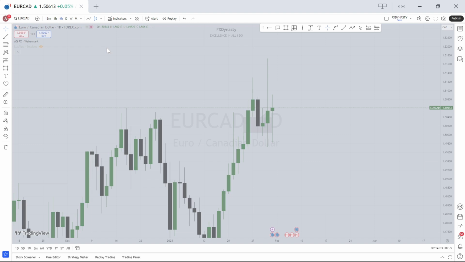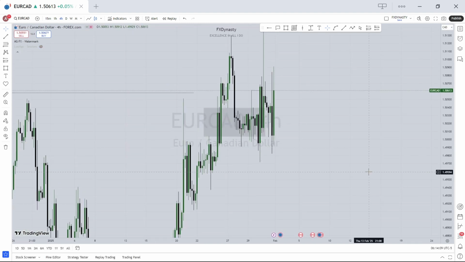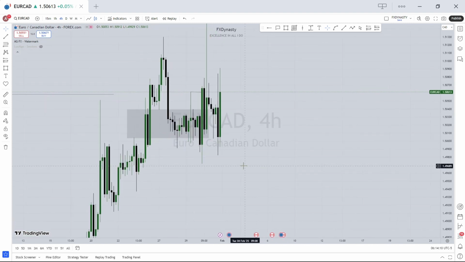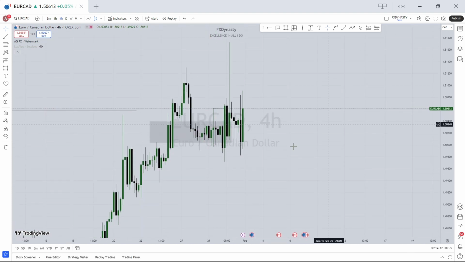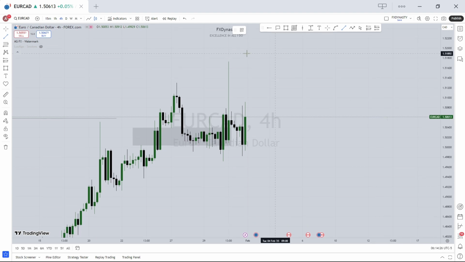So let's go to the 4-hour time frame here. You can see the destruction. This price action is actually bullshit. I took a trade on this one on Tuesday also. You see what we had. My take profit was actually above this week.